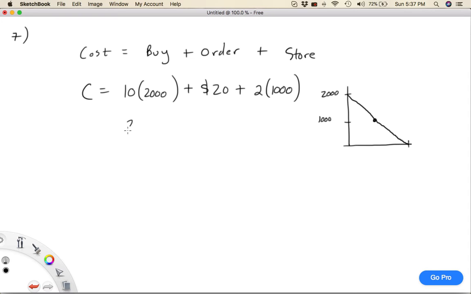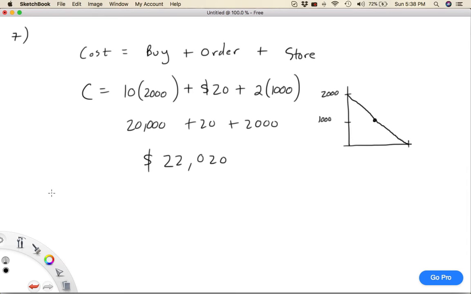So this is 20,000 plus 20 plus 2,000. So that's $22,020. So that's going to be part A. No calculus yet, right? Just some logic, a little bit of algebra.